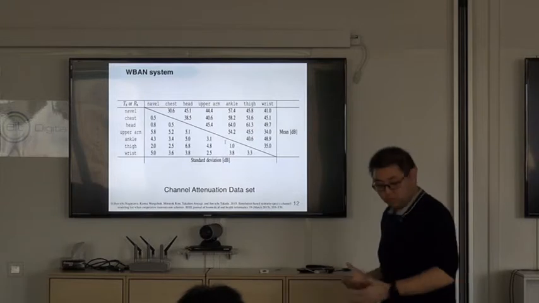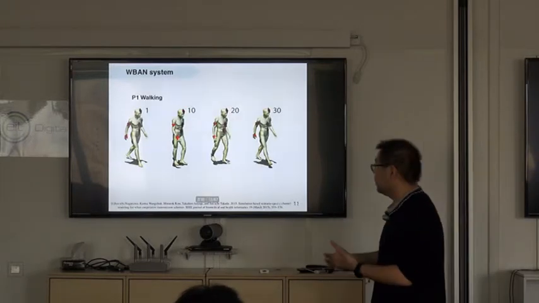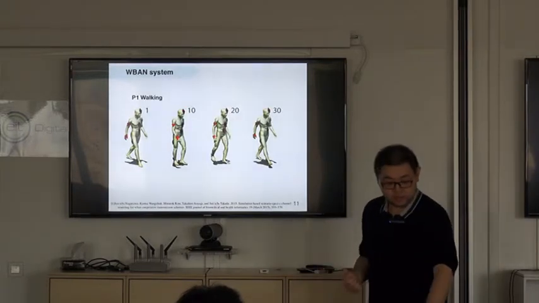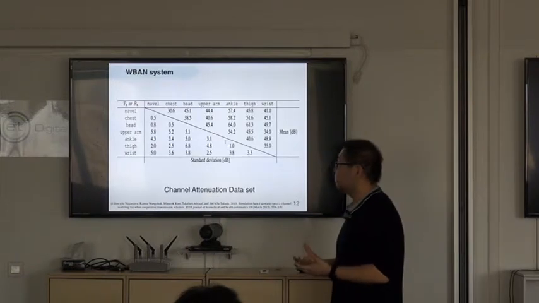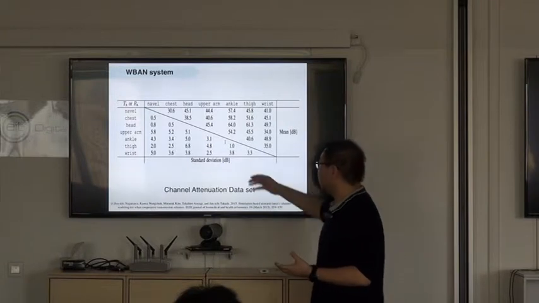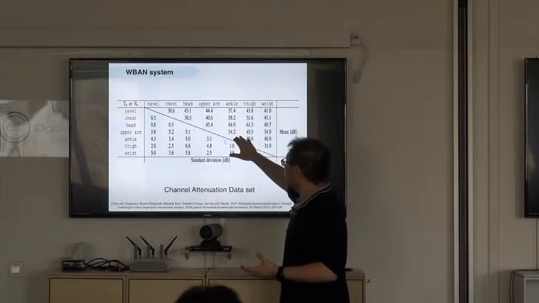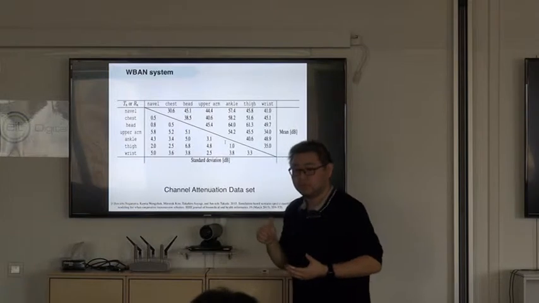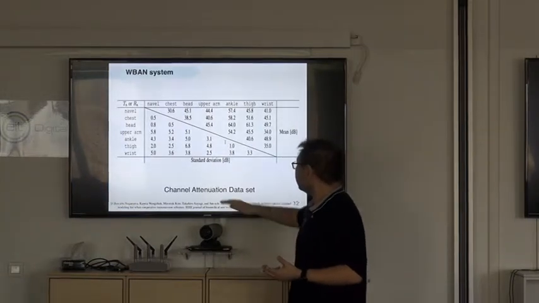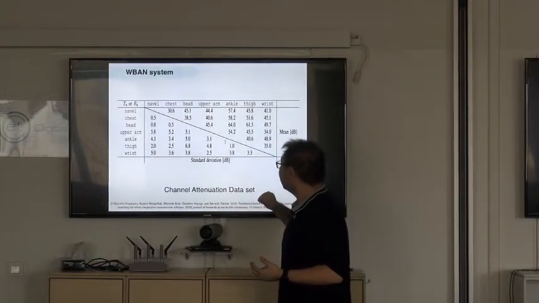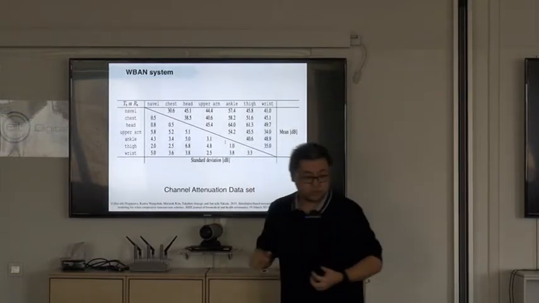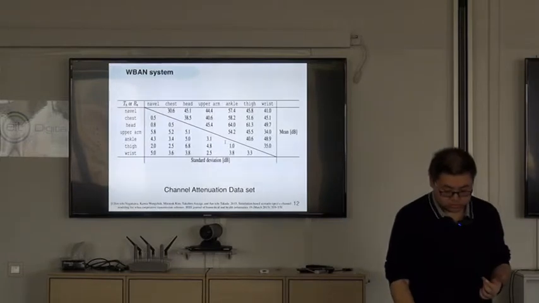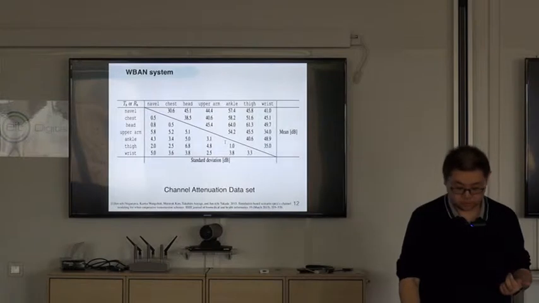After that, they do the simulations using this model, and they give a dataset for all the different postures, for all the nodes: a channel attenuation database. Here we show the table for the first posture, walking, and we can find the average value and the standard deviation between every two nodes on the human body.